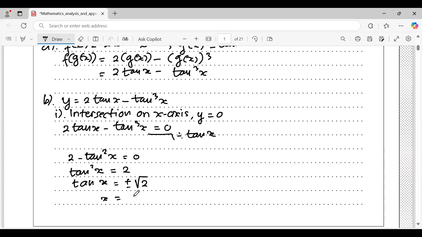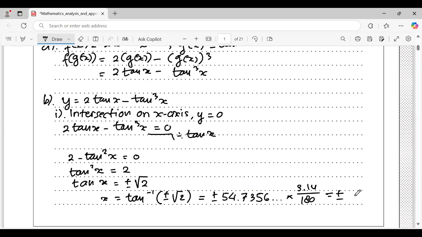After that, x equals arctangent, or tangent to the power minus 1, of positive and negative square root 2. Its result is positive and negative 54.7356, and so on, in degrees. So we are going to convert into radians by multiplying by 3.14 over 180.